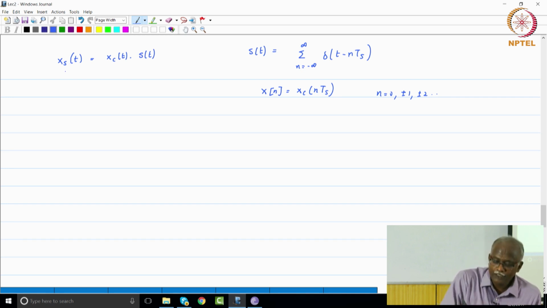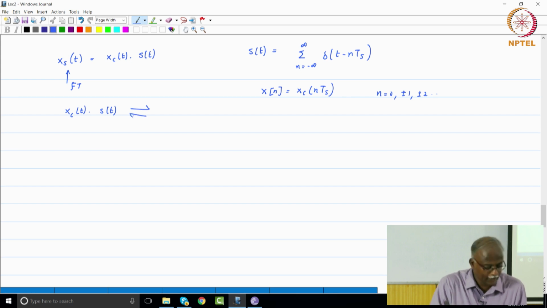So we would like to get the Fourier transform of this signal. So Xs of j omega. So basically we want to get the Fourier transform of xc of t multiplied by s of t. It is multiplication in the time domain.